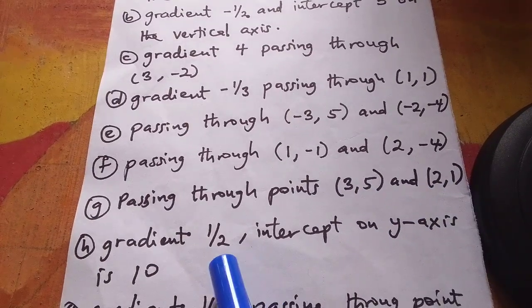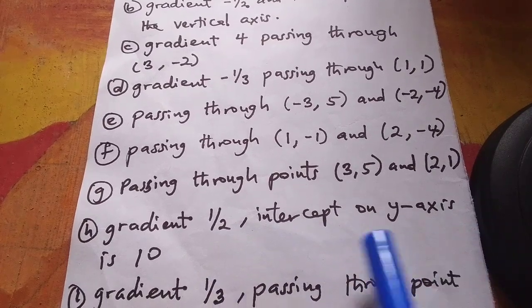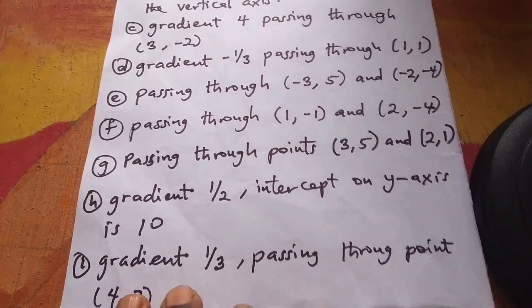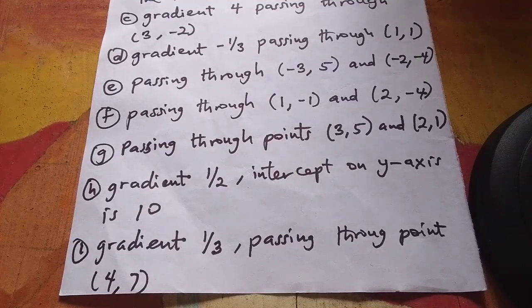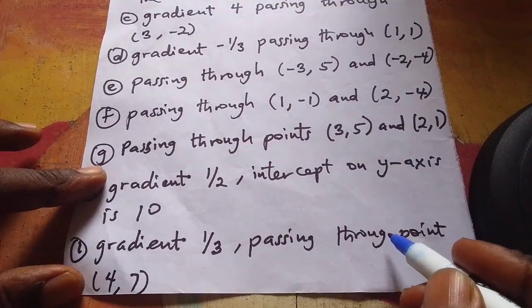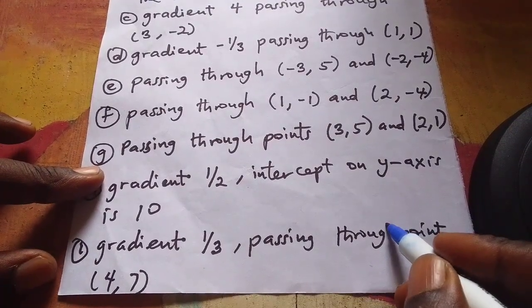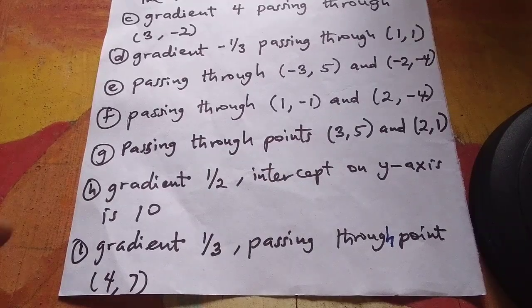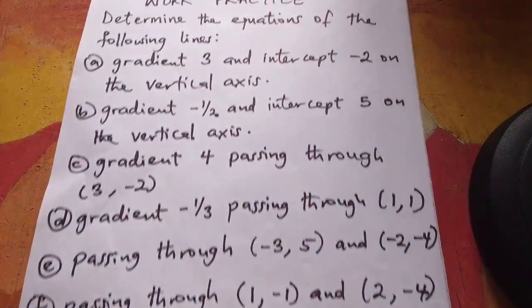Then H, when the gradient is 1 over 2, the intercept on the y-axis is 10. So what will be the equation of the line? Then the last one, when the gradient is 1 over 3, when the line is passing through the coordinate (4, 7). So you have to find the equation of the lines in each of these situations.